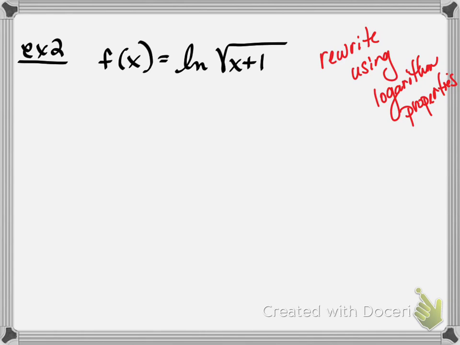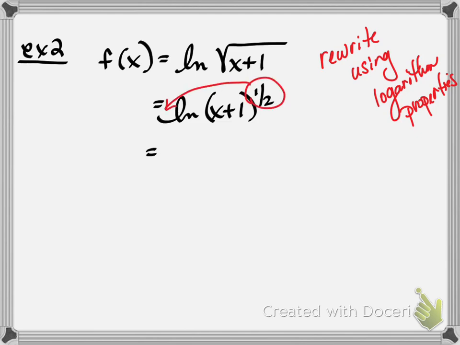We can rewrite this before we get going as x plus 1 to the 1/2. Then the power property says the power can come down in front of the logarithm. So that would be 1/2 natural log of x plus 1. All we've done is rewrite using properties. So now we're ready to do a derivative.